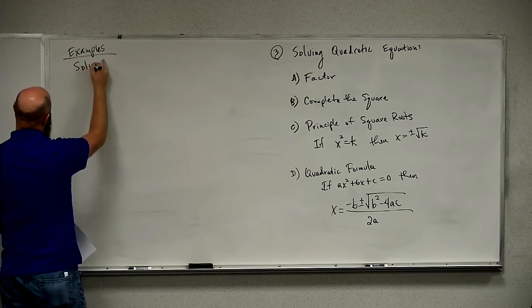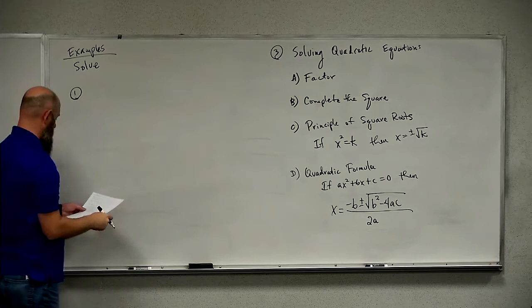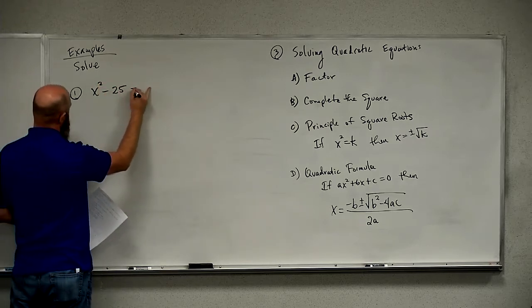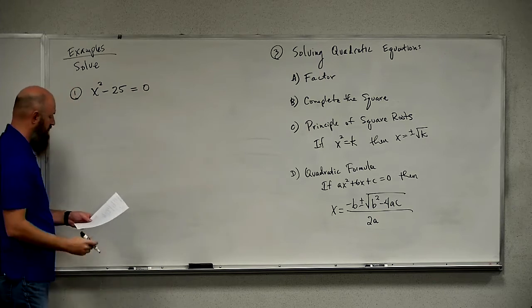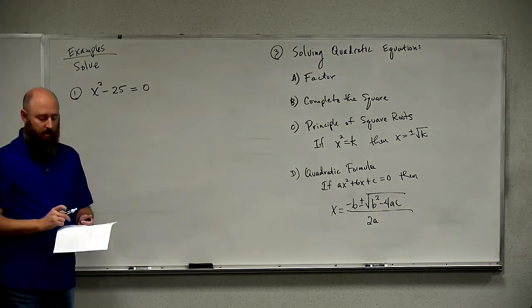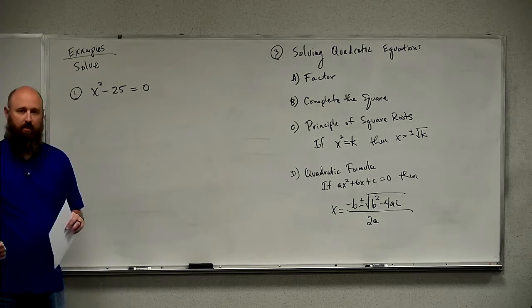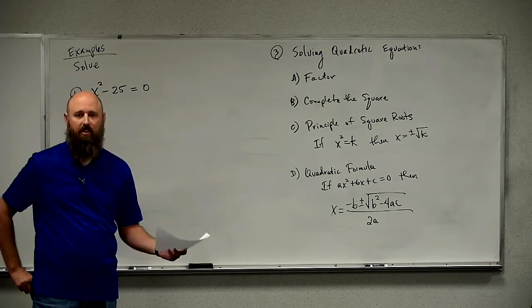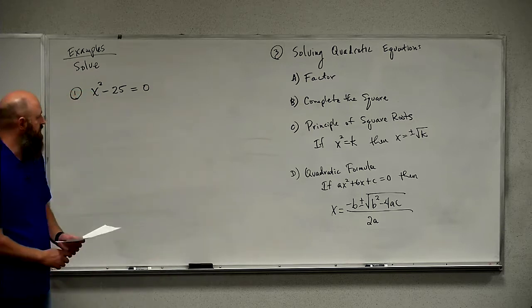So we're going to solve here. Our first one, we have x squared minus 25 equals 0. Since we do not have a b value, we have an x squared and we have a number, this lets me know that I can use the principle of square roots.